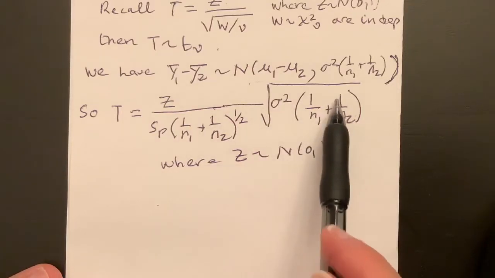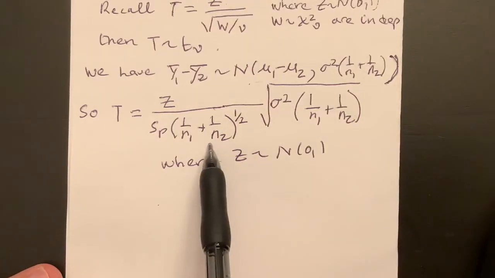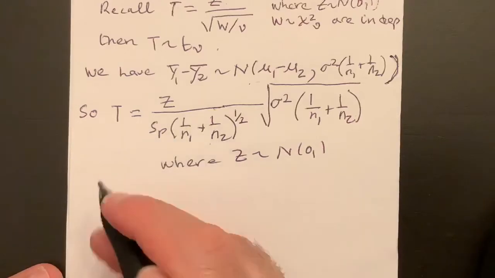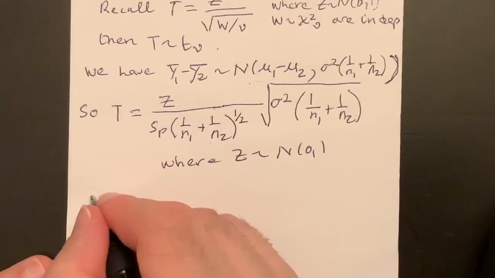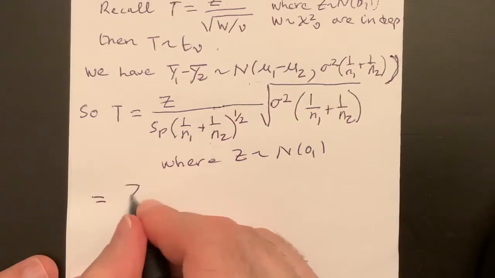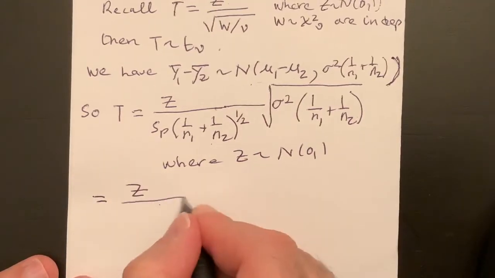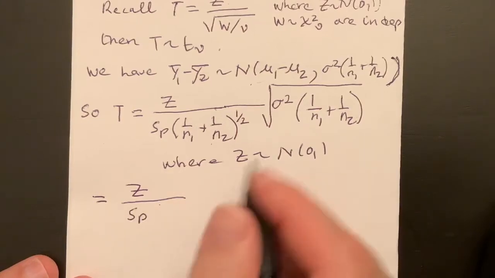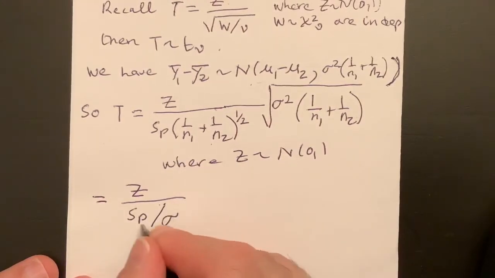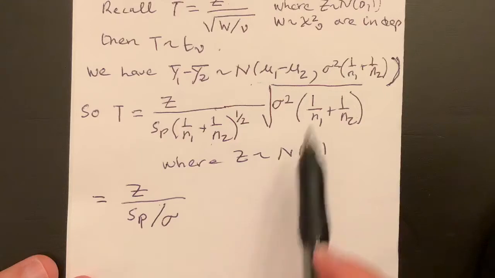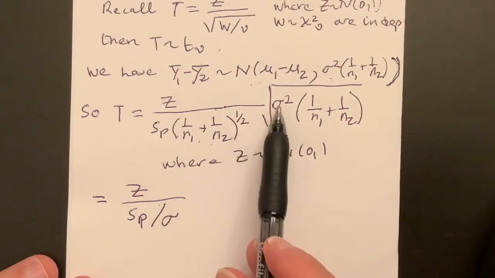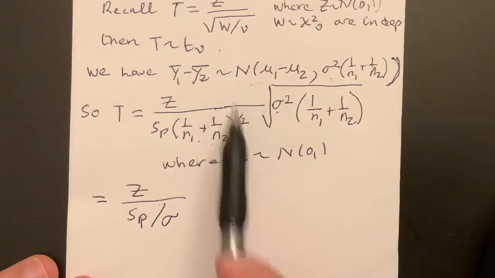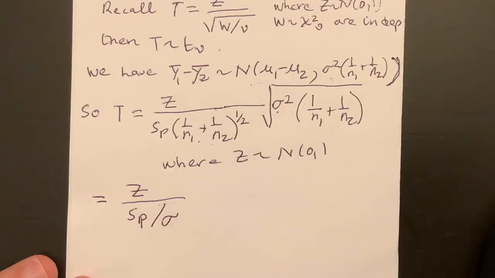In the denominator, this term cancels with this term. So T is equal to Z over Sp divided by sigma, right? Once I cancel this with this, and I can take the square root, I get sigma, and that's up here, but I can divide that, it's the same thing.